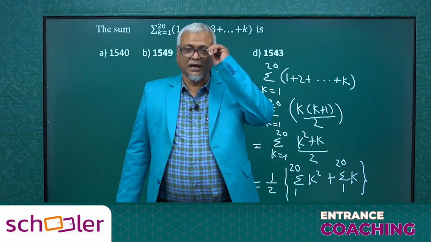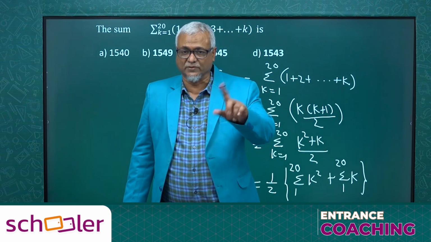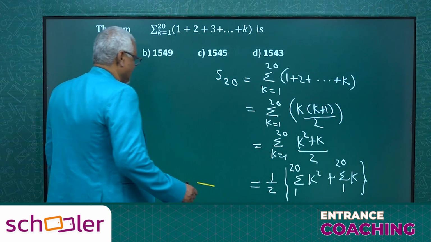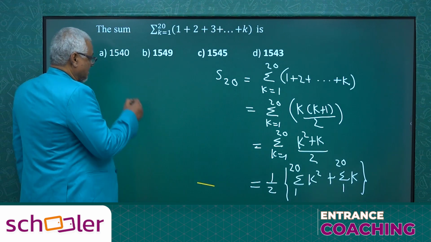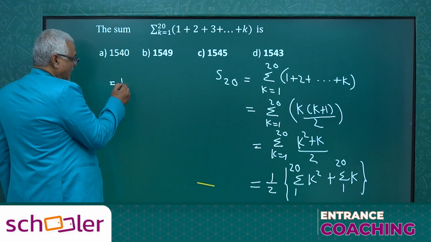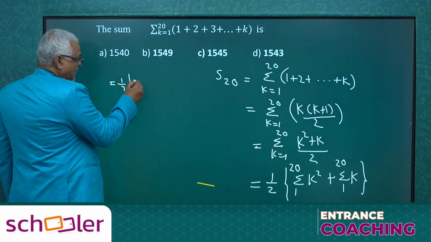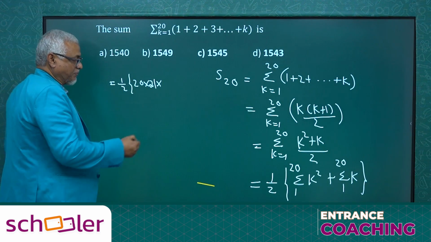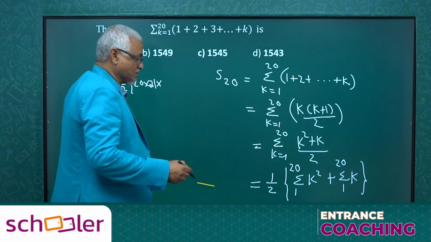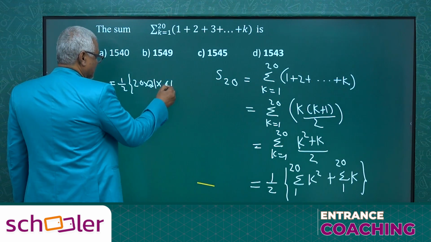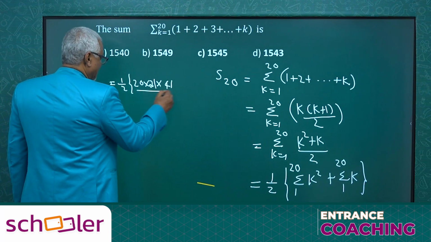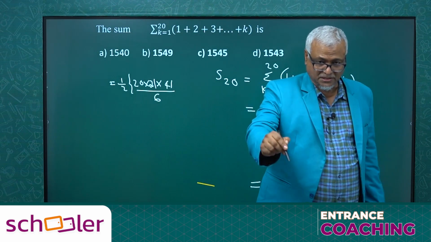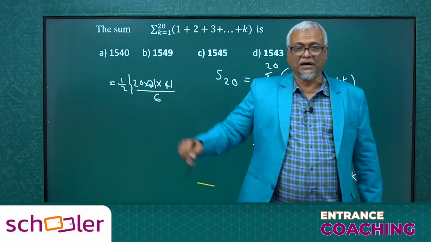What is the formula? n into n plus 1 into 2n plus 1 by 6. But here n is equal to 20 only. So we got this equal to 1 by 2 times 20 into 21 into 41 by 6, since 2 into n is 40, plus 1 is 41. That is the formula, n into n plus 1 into 2n plus 1 by 6.